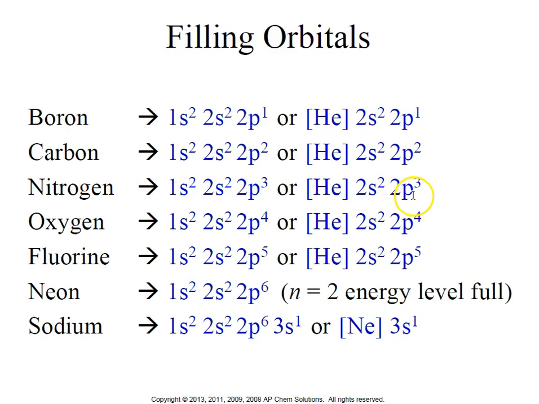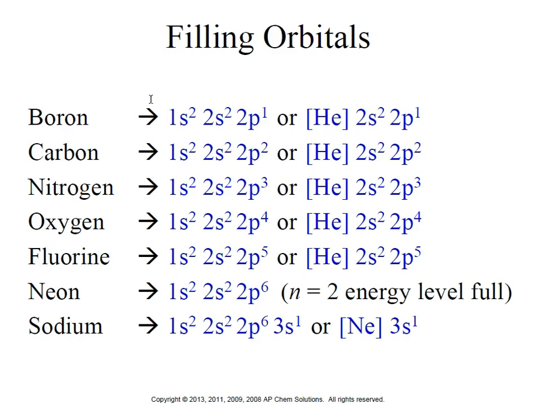Here you see some examples, just continuing on the periodic table: boron, carbon, nitrogen, oxygen. We're just adding electrons as we go. And then we get to sodium, because neon fills the second energy level. So when we look at sodium, we have 1s2, 2s2, 2p6, and then we move into the third energy level, 3s1.